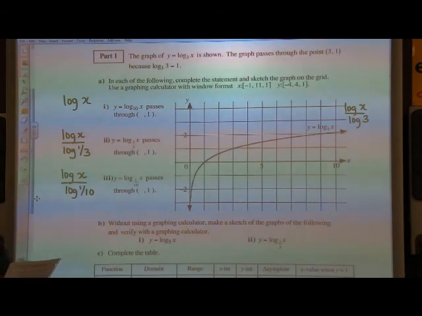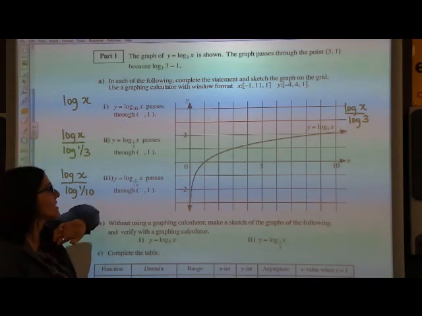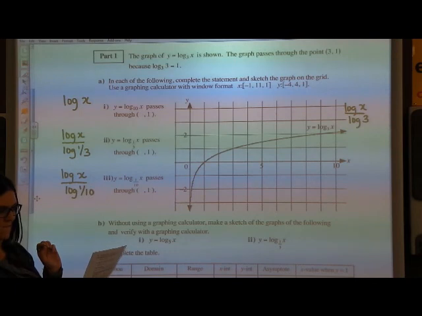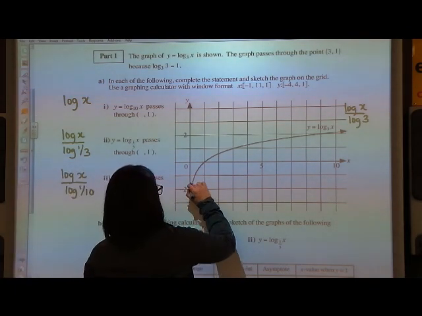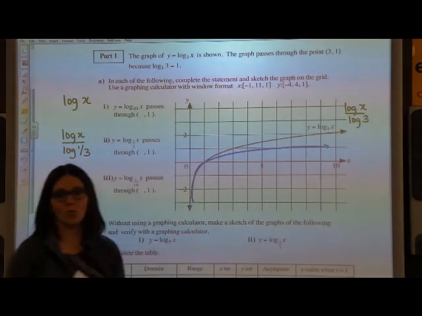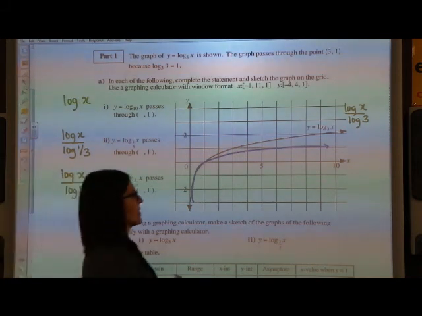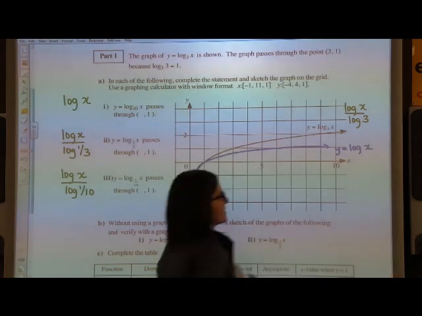So log base 10 of x, that graph should look like that. It should be below log base 3 of x, correct? So this was just log x.